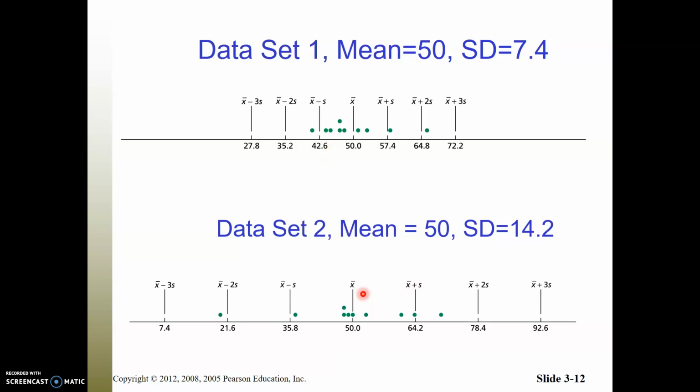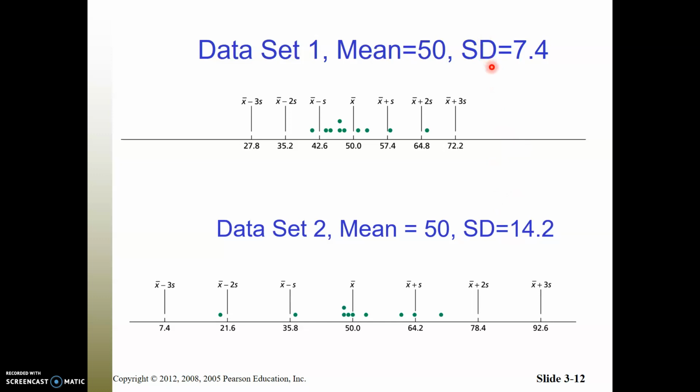Clearly you see the green dots are more spread in data set 2 as compared to data set 1. And the reason is the standard deviation. Here the standard deviation is 14.2, and here it is 7.4. Almost double, not exactly double, but almost double.